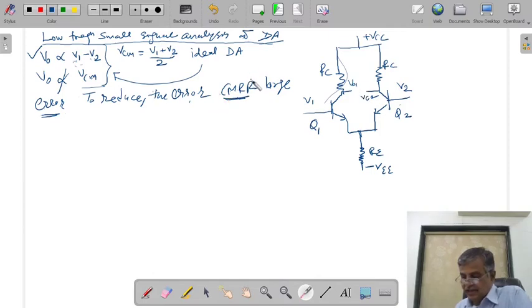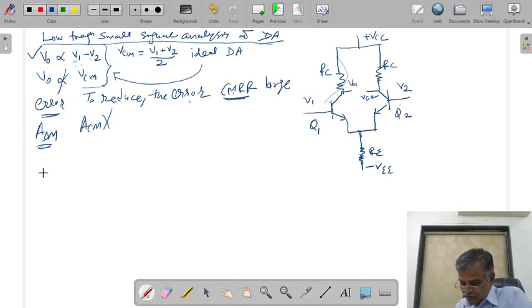of this amplifier expresses how successful this amplifier is in providing differential gain and rejecting common mode gain.